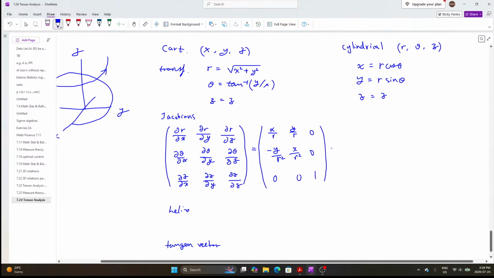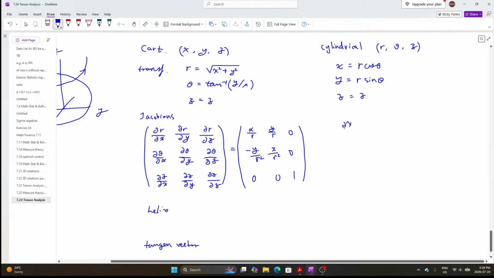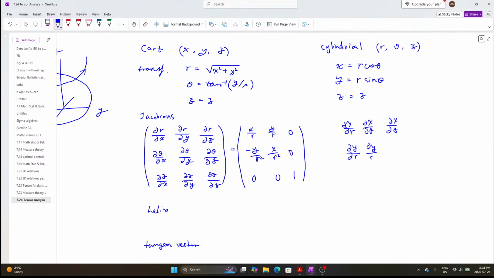For the inverse transformation, you get dx over dr, dx over d theta, dx over dz, dy over dr, dy over d theta, dy over dz, dz over dr, dz over d theta, and dz over dz. This is nothing but multivariable calculus.